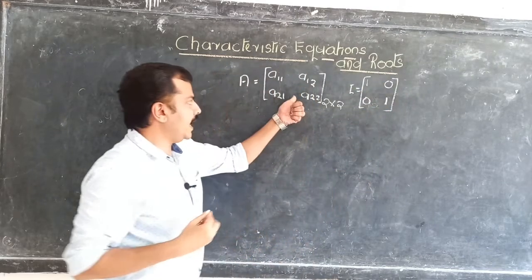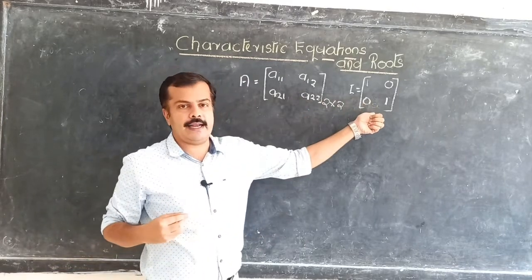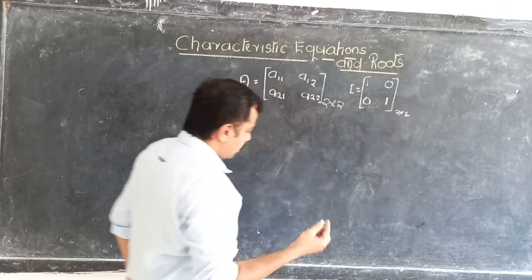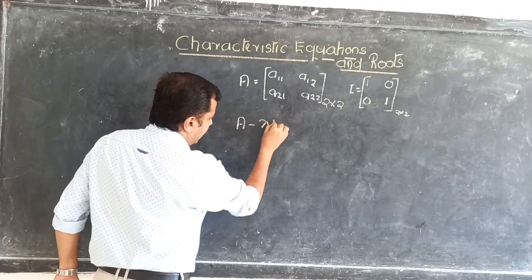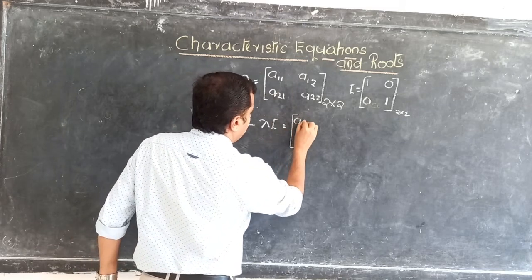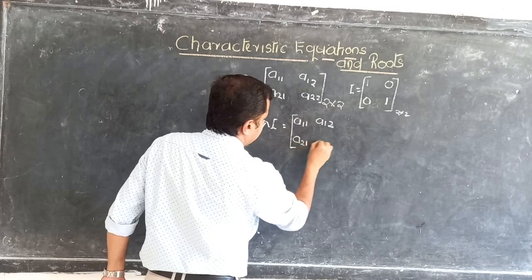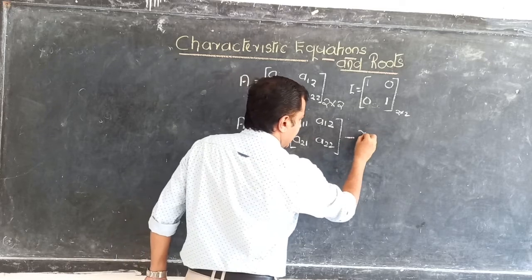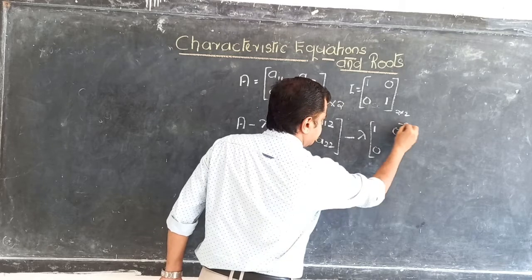Now, A minus lambda I will be A11, A12, A21, A22 minus lambda into 1, 0, 0, 1.